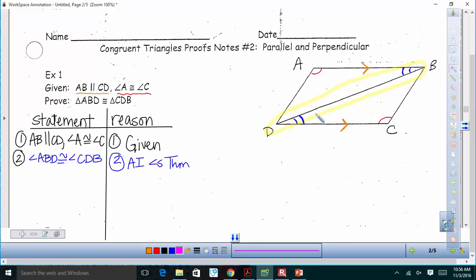Okay, Amy said DB and BD. Do you see how it's part of both triangles? They share it, so it is reflexive, or congruent to itself. So number 3 would be that DB is congruent to BD, and that is the reflexive property.